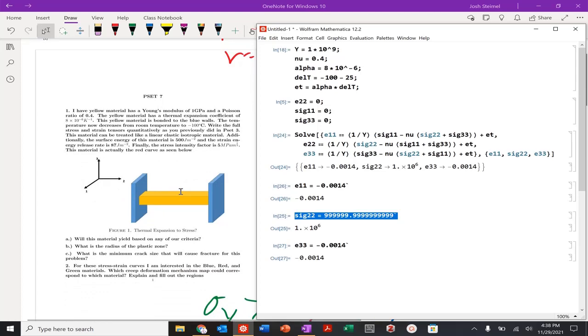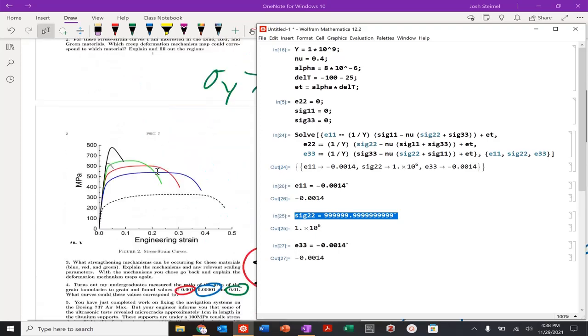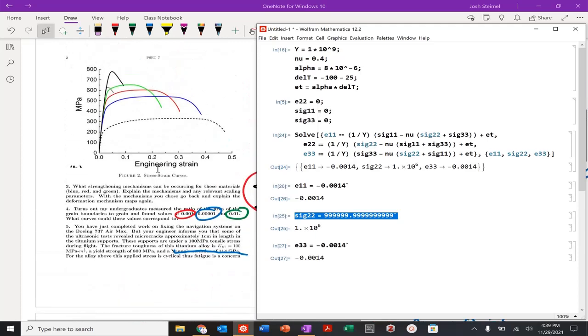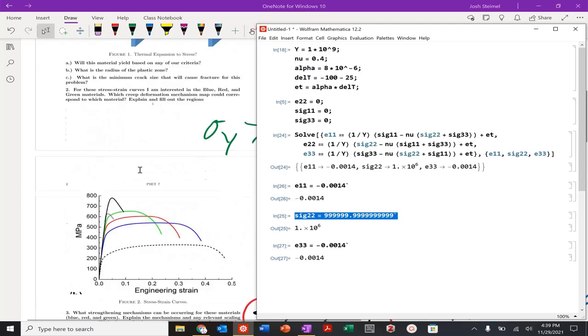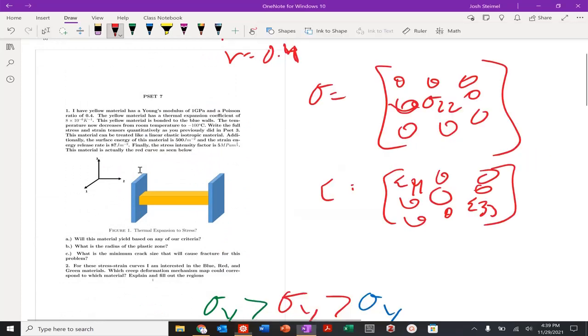Additionally, I'm given surface area values, strain energy release rate, and the stress intensity factor is 5 MPa. The material is actually the red curve I see below. So the red curve has a sigma y. Let's say sigma y is about 500 MPa.